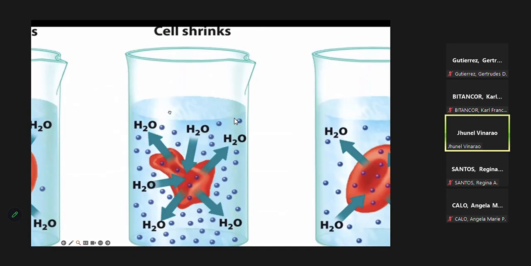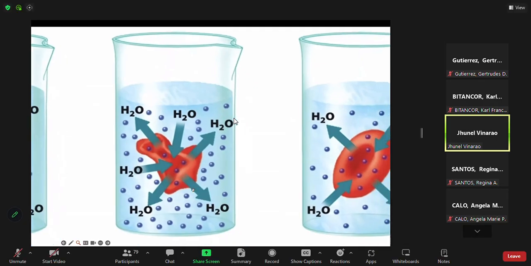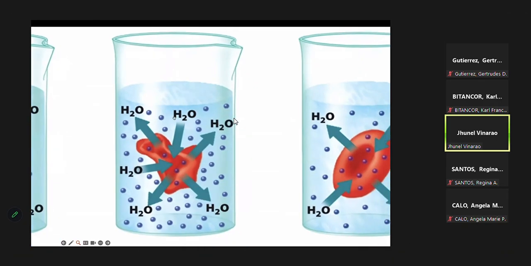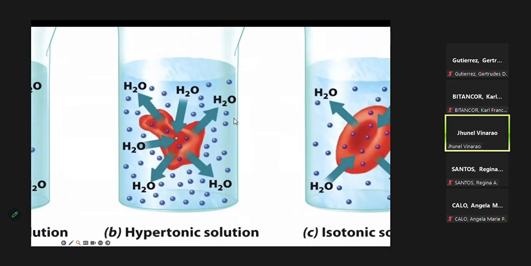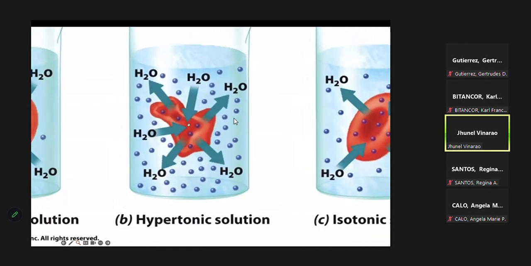So when you have more sodium chloride, what happens? Your cell will lose water molecules, because it will try to dissolve its surroundings, which it recognizes as a lot of solute. When you have more solute, water tends to move out of the cell, which will make the cell shrink or crenate.